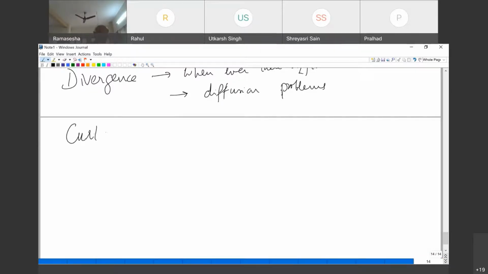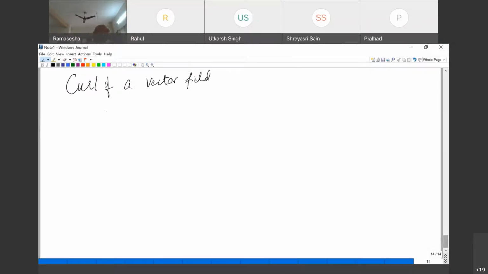Curl of a vector field. How do you define a curl? For this, you are looking at the integration of a vector field around a closed path.